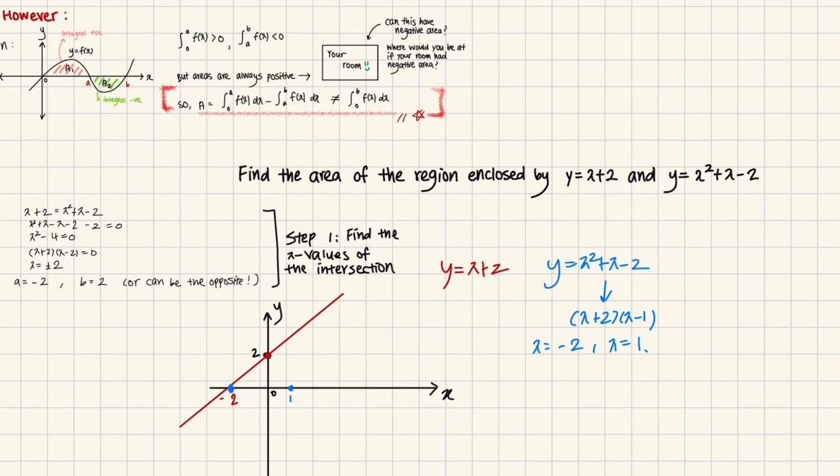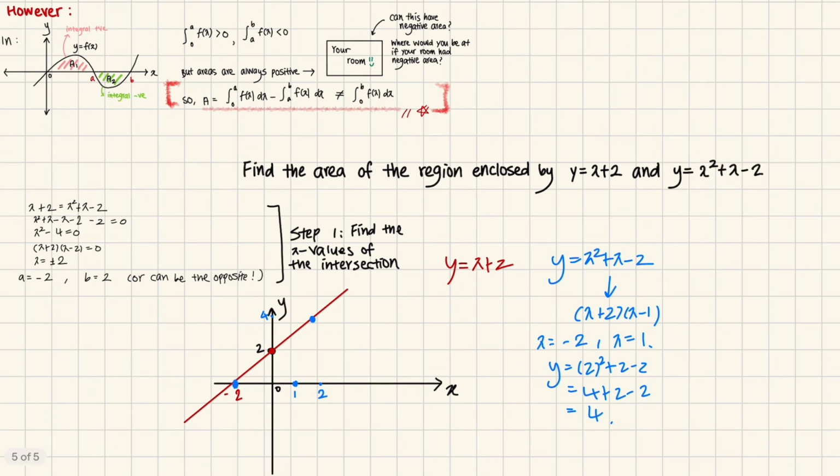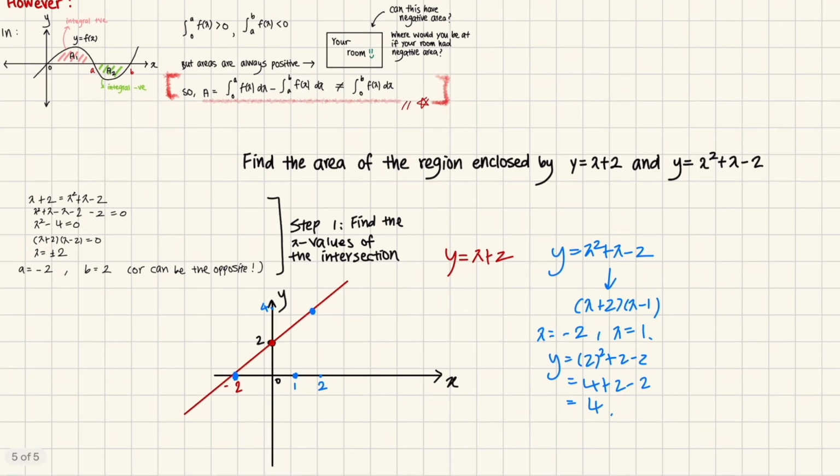And we know that at x equals 2 these two graphs intersect. When this is 2, this is 4, and these graphs intersect here. And to find the y-intercept, we put x equals 0, which gives -2.